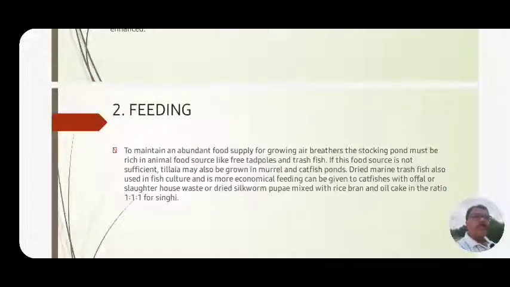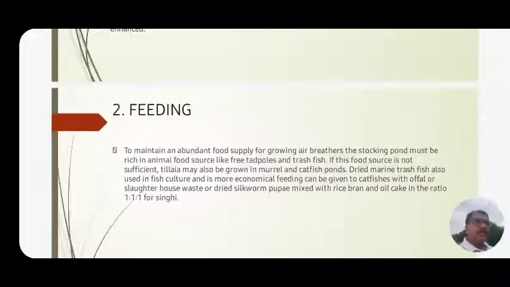The ratio is 1:1:1, meaning one part dried silkworm pupae, one part rice bran and one part oil cake.